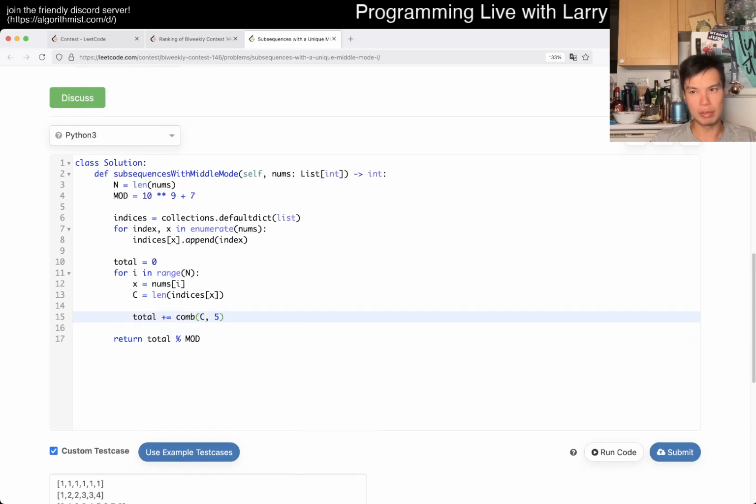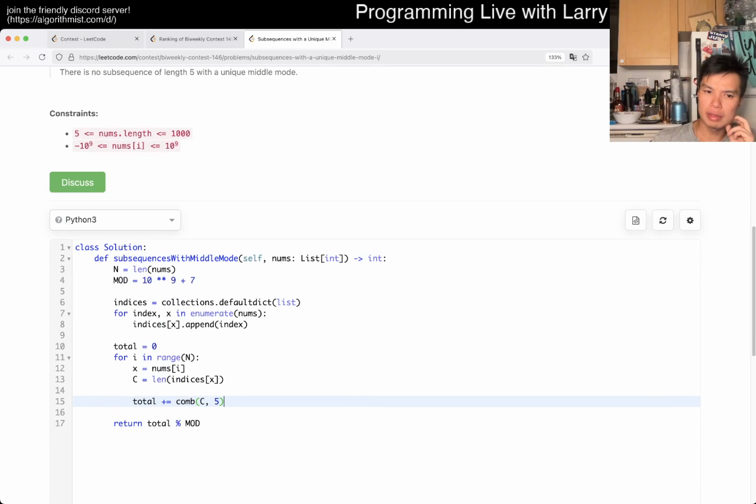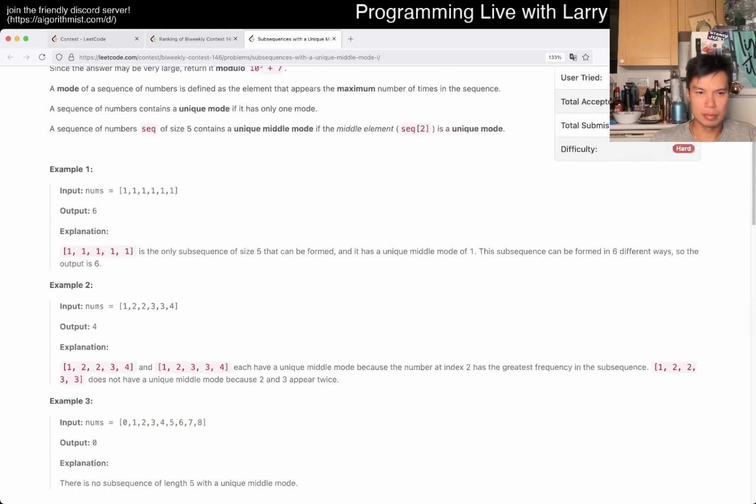That's wrong. Why is that wrong? Choose 5. So we have 6 choose 5. Is that not right?